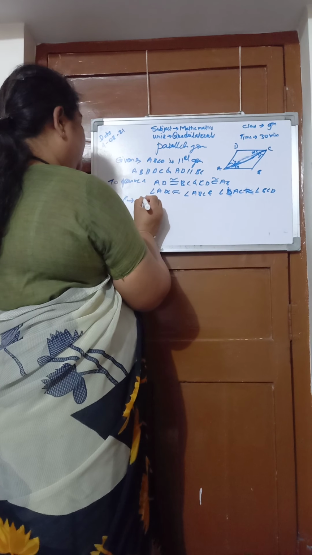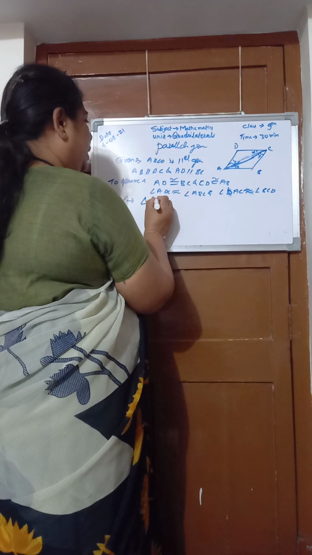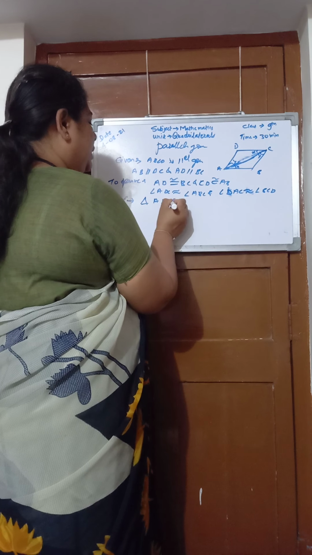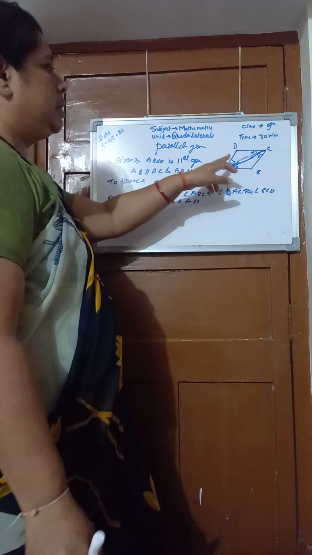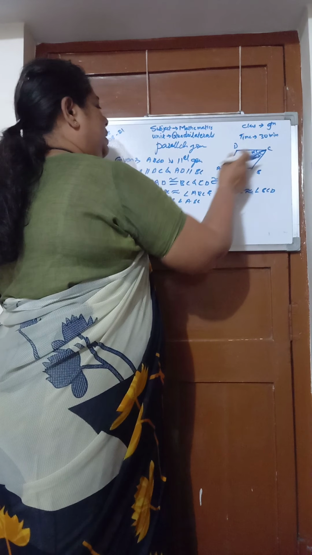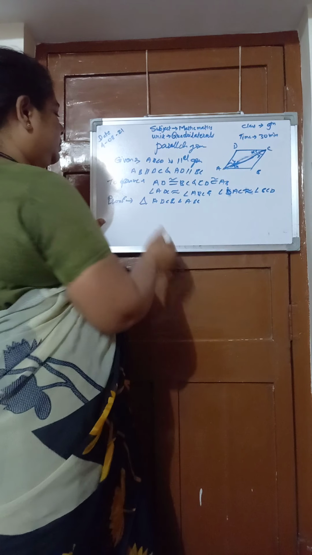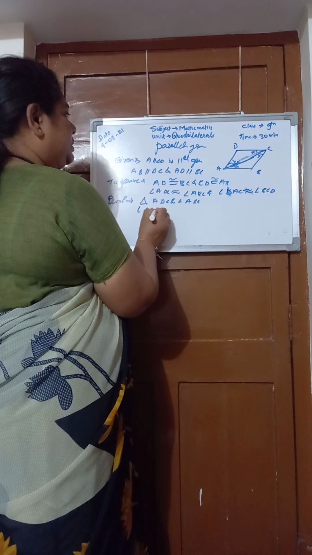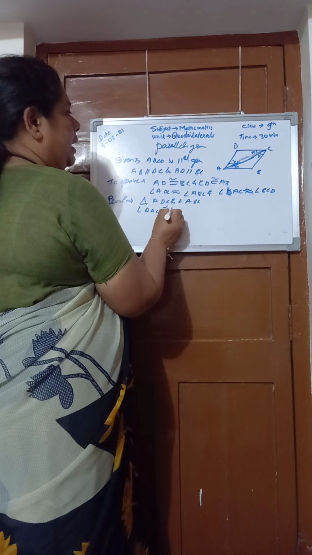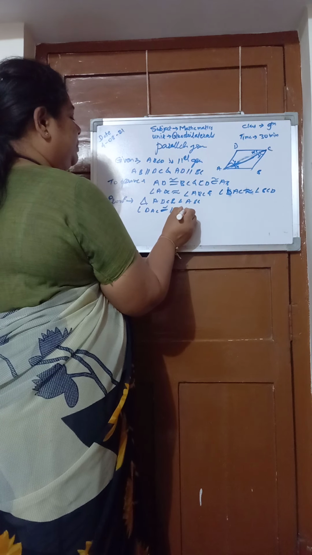Then take triangle ADC and triangle ABC. Take these two triangles, ADC and ABC triangle. What is given here? Angle BAC congruent angle ACB.